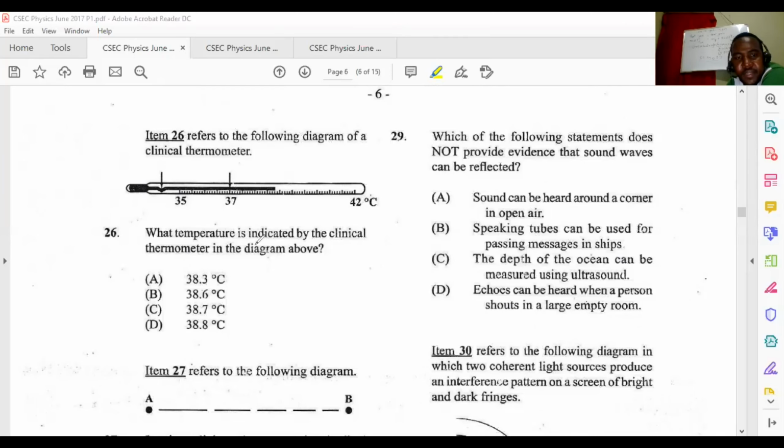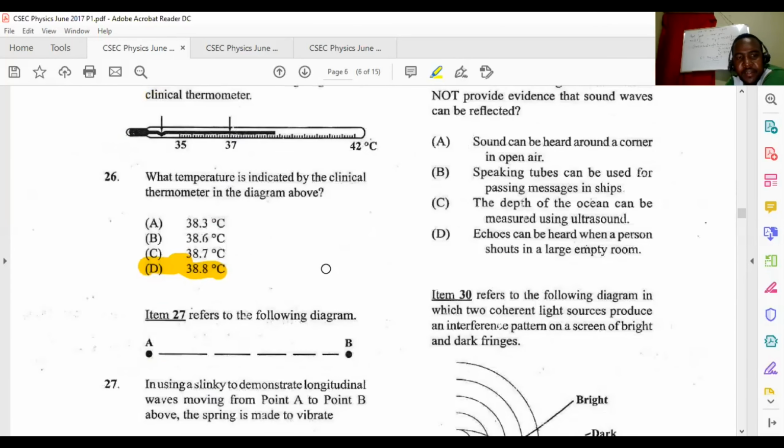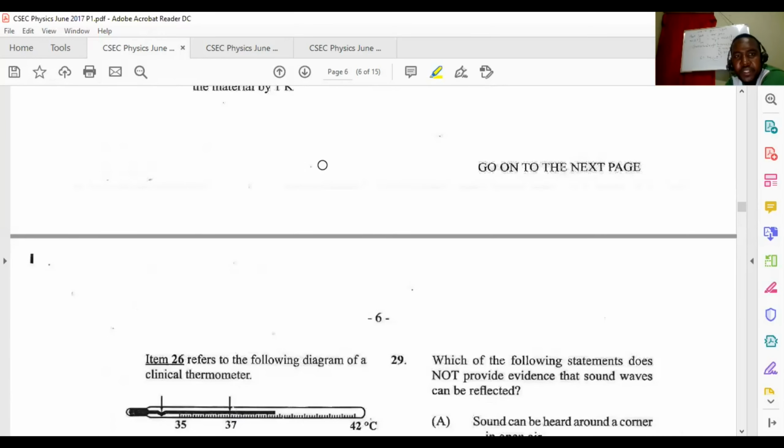D. All right, so this stroke right here, that is 38. So this is 38.5, and it's 3 away, so 38.8. So it's D. All right, so that's it for this section that we have just completed.